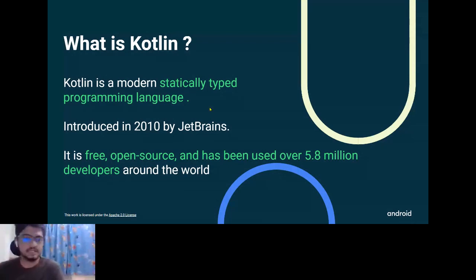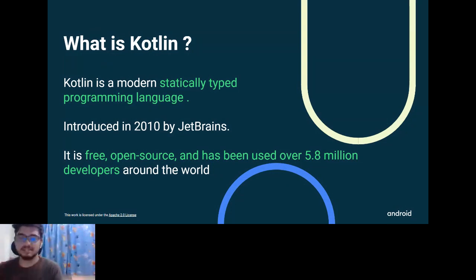We have dynamically typed programming languages like Python and JavaScript. Kotlin was introduced around 2010 by JetBrains. We all know JetBrains, the team behind IntelliJ. It is free, open source, and has been used by over 5.8 million developers around the world. No doubt Kotlin comes under the top 5 most loved programming languages, and many developers are using it.